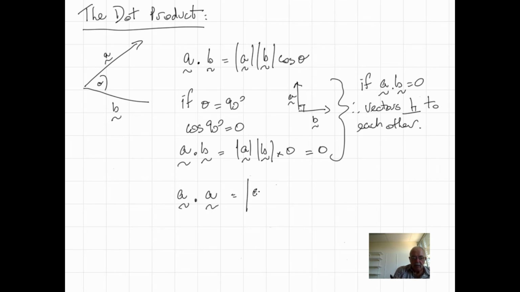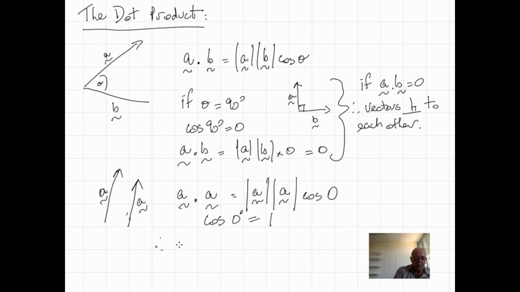So that'll be the magnitude of vector A times the magnitude of vector A. Now if the vectors are dotted with itself, so here we've got another vector A. So these two vectors, the dot product of those, the angle between the two vectors is 0. And the cos of 0 is equal to 1.